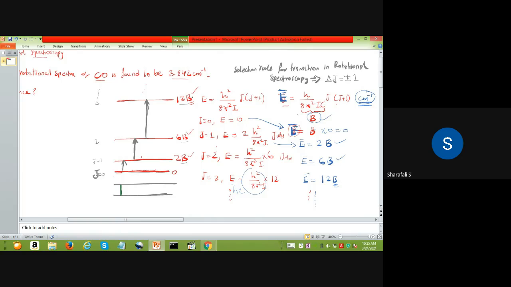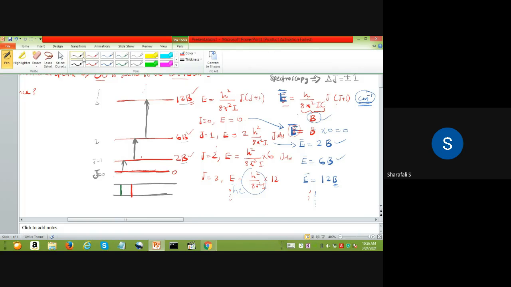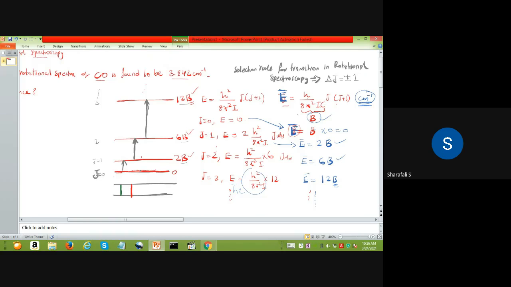Then from 2B to 6B, we have another spectral line, and if it is going from 6B to 12B, we have the next one, and so on.